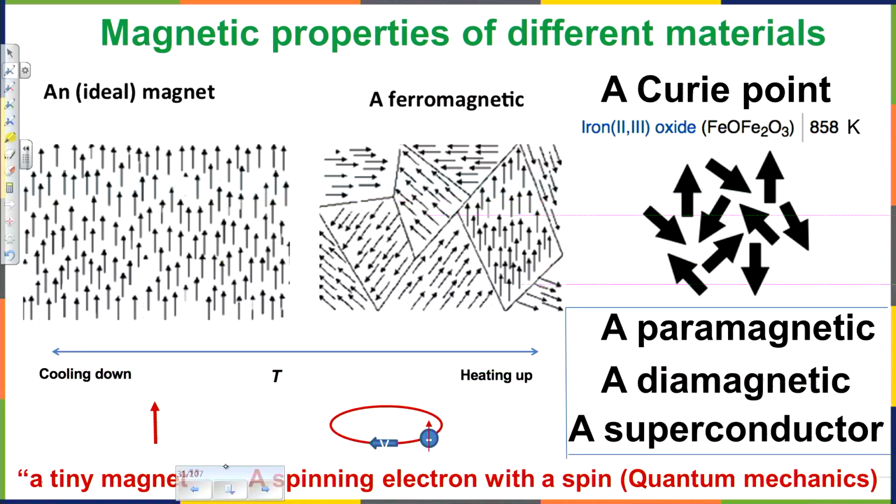First of all, electrons move, so they generate electric current, and electric current generates a magnetic field. But also electrons have a spin. That's a quantum mechanical entity, the analogy being that the electron spins about its own axis, which is just an analogy.